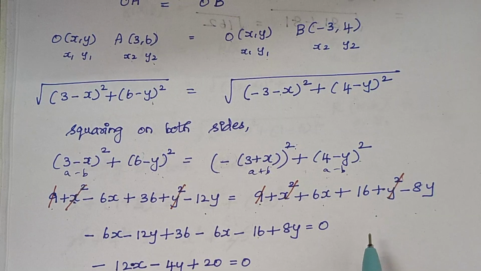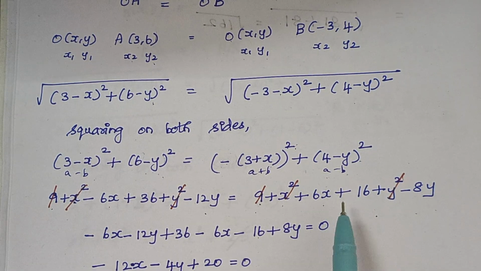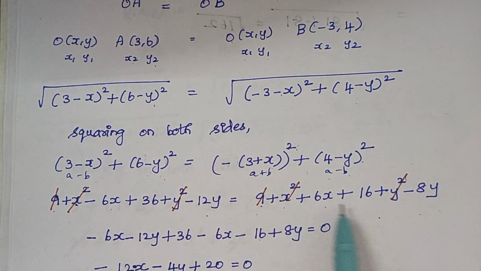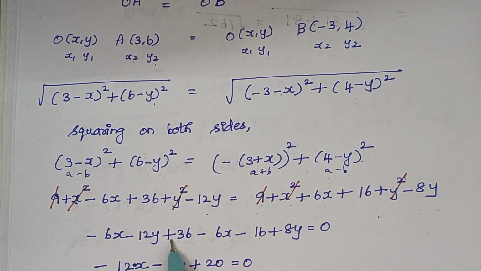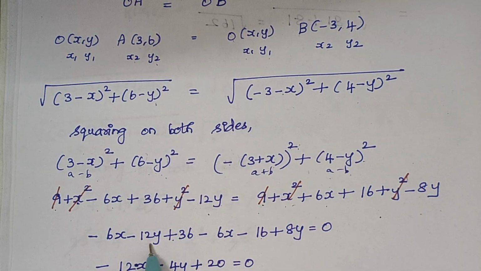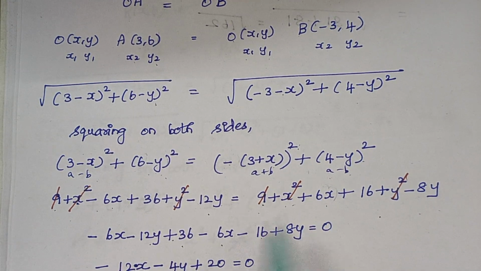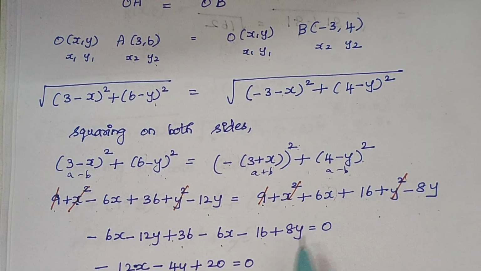Right. Now I am going to move all these terms to the single side. I am moving these elements to the left hand side. So you see minus 6x, right, minus 12y plus 36. And here this plus 6x when moved here, it becomes minus 6x minus 16, and this minus 8y becomes plus 8y equal to 0.